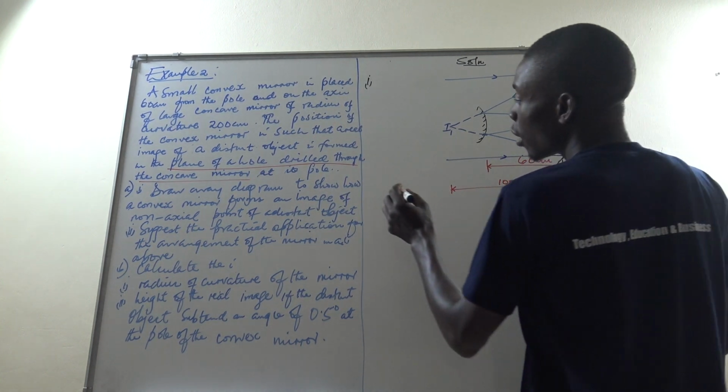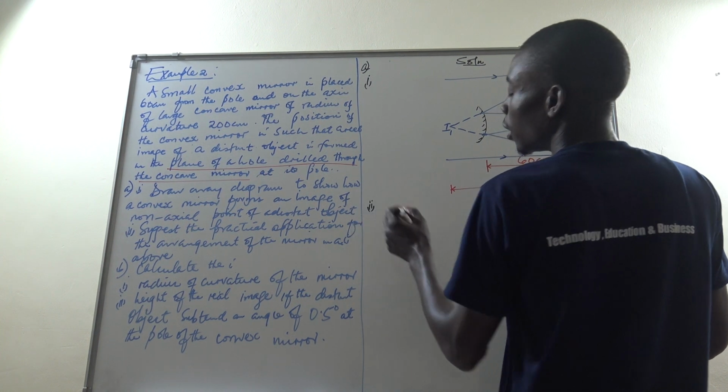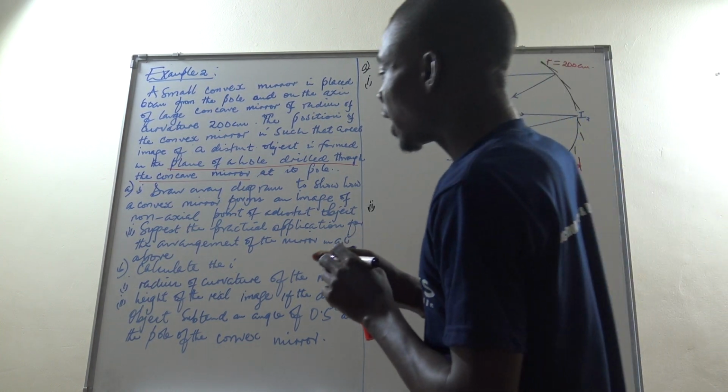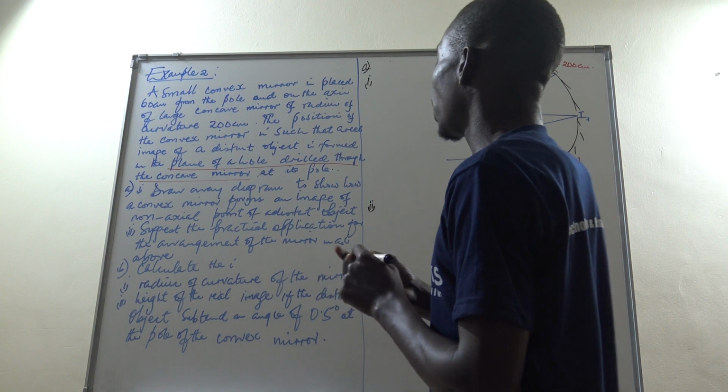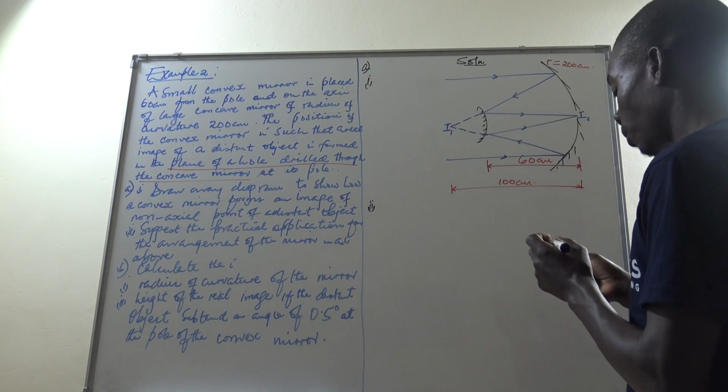Okay? And then Roman 2, what they need from you is to suggest the practical application for the arrangement of the mirror in A above. This arrangement is for what?